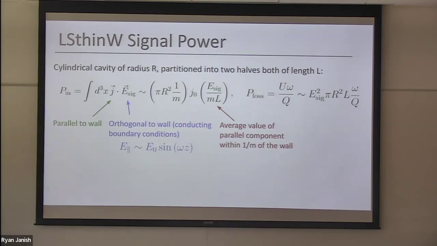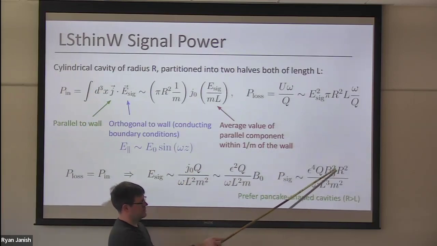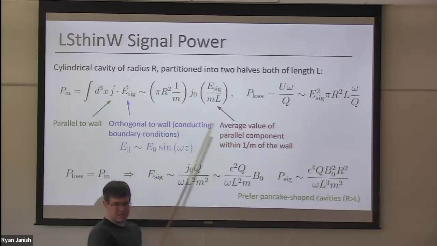Okay, so let me just skip through this. Once we have J effective, we can now compute what the signal will be rung up in the detector cavity. So from there, we can get parametrically what the expected signal is in terms of cavity geometry parameters and the fundamental physics parameters as well.